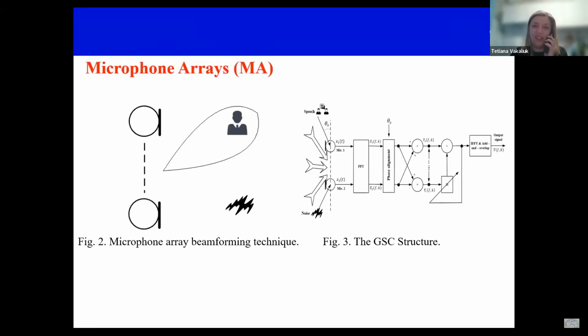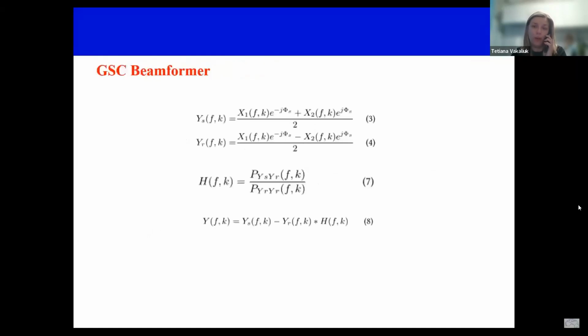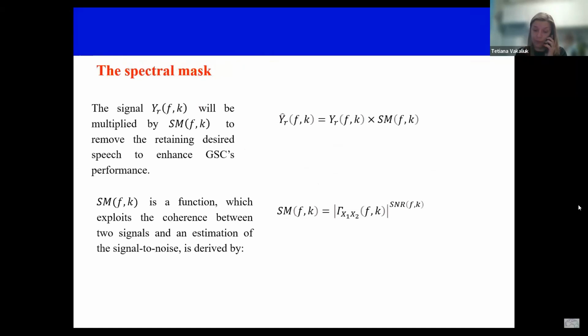The most important block of the GSC structure is the adaptive filter, and the most common is the Wiener filter. As we can see from this figure, the equation for the main signal, the equation for the reference signal, and the adaptive Wiener filter.